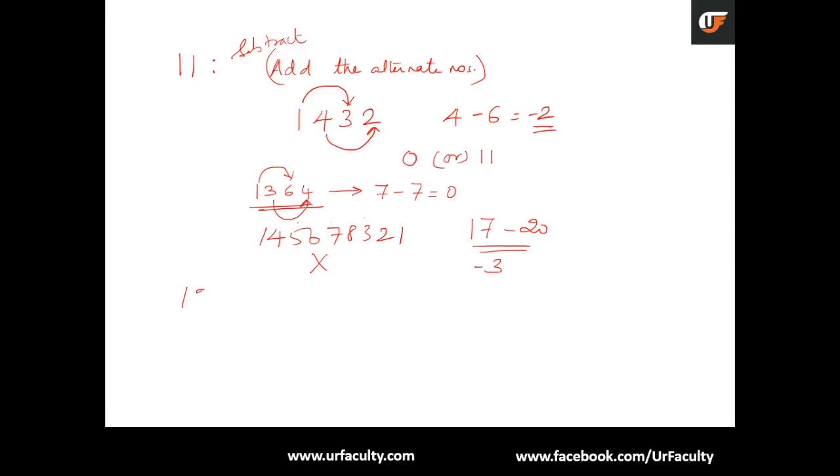For example, for 12, the easiest way is to check for the divisibility test of 4 and 3.